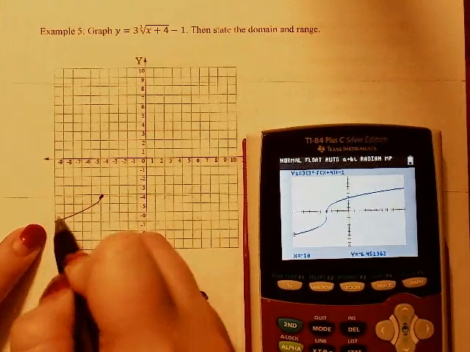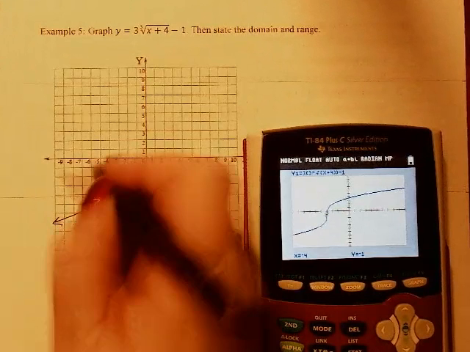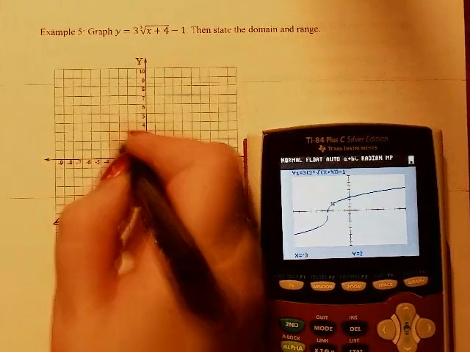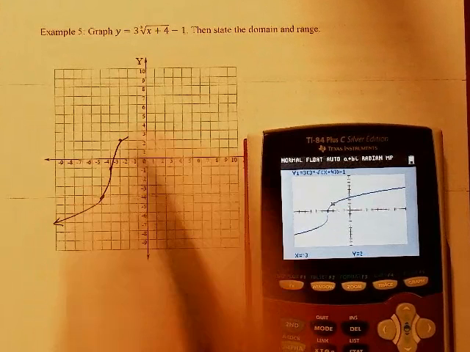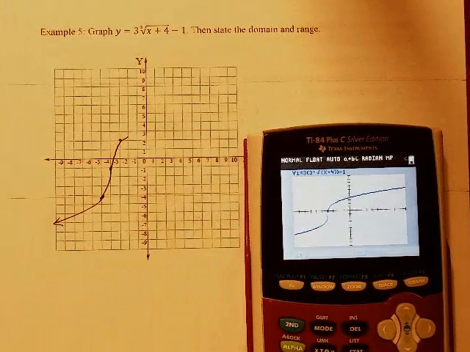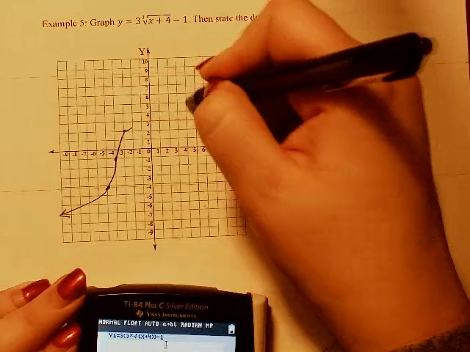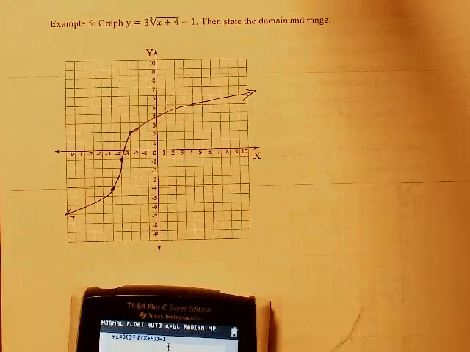So like that. -4 is at -1. -3 is at +2. So our curve does that. And then -2, nope, -1, 0, 1, 2, 3, 4 is at 4, 5. So that is my curve.